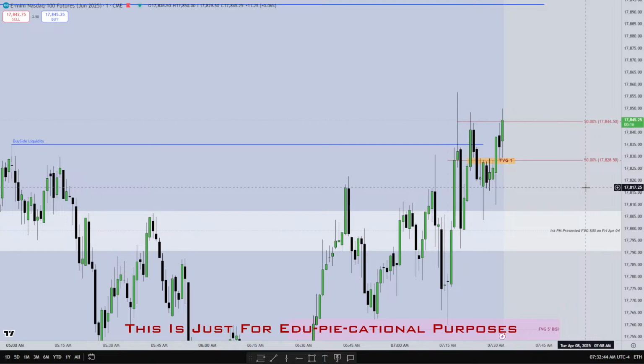We had traded above the 50% of the 5-minute week at 17,844.5.